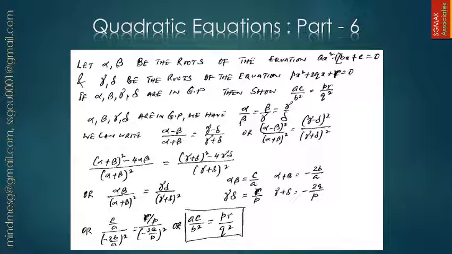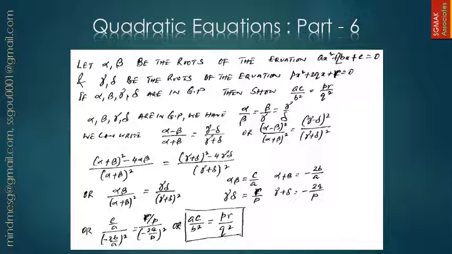If alpha and beta are the roots of the equation ax squared plus 2bx plus c equals 0, and gamma and delta are the roots of the equation px squared plus 2qx plus r equals 0, and alpha, beta, gamma, and delta are in geometric progression.